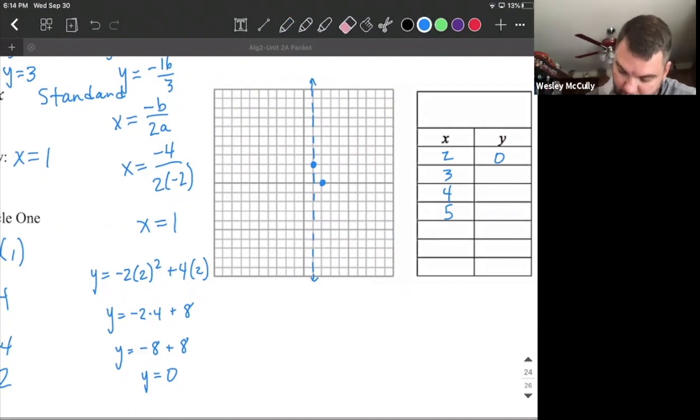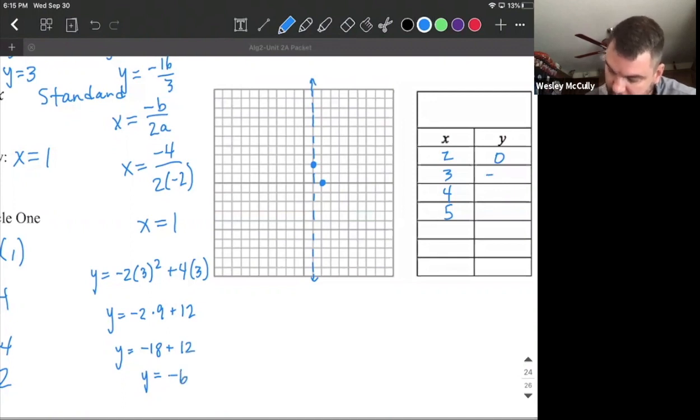And now I can change 2 into 3. y equals -2 times 3 squared plus 4 times 3. 3 squared is 9, so -2 times 9, and 4 times 3 is 12. -2 times 9 is -18 plus 12, which gives me -6.